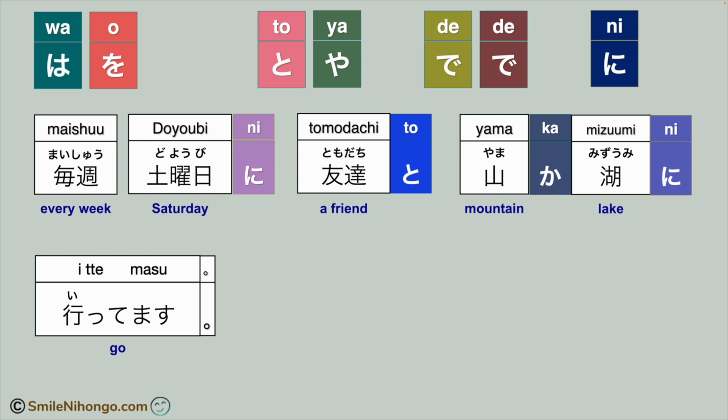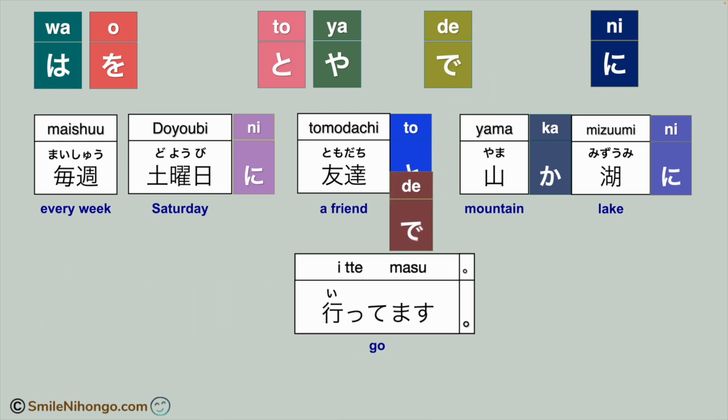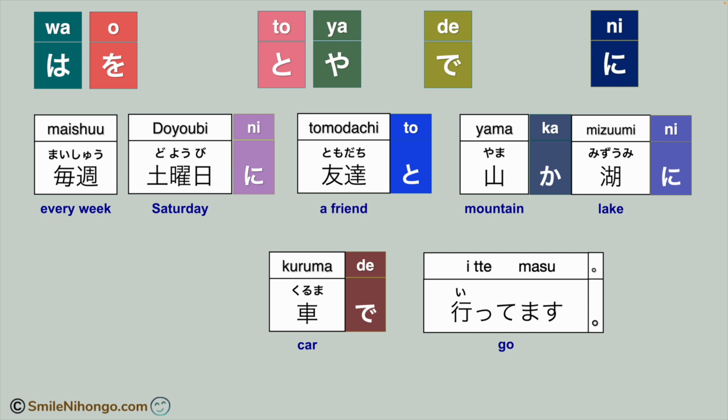Now, let's add another element to the first sentence. 毎週土曜日に友達と山か湖に車で行ってます。Do you understand the meaning of the sentence now? そうですね。This word, 車, is the transportation means for you to go to the mountain or a lake.